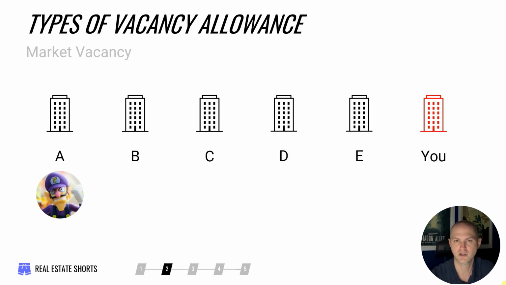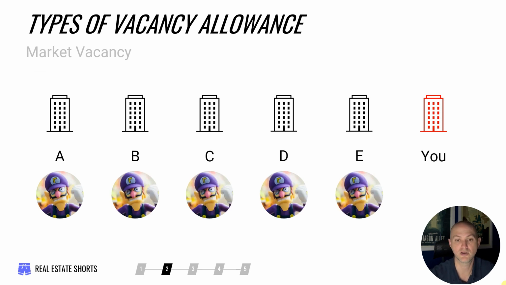So let's just conceptualize this a little bit. Let's say you have that same shady tenant in building A, but what if over time he moves from building A to B to C all the way through the market? And what if between him and his friends, they occupy all buildings across all time? So on average, we could see how all buildings will have a similar occupancy rate or vacancy rate.